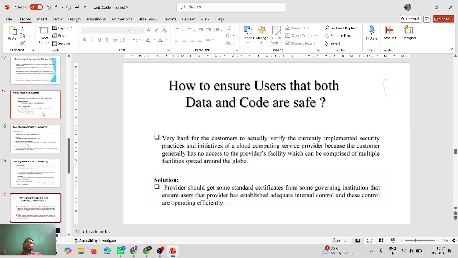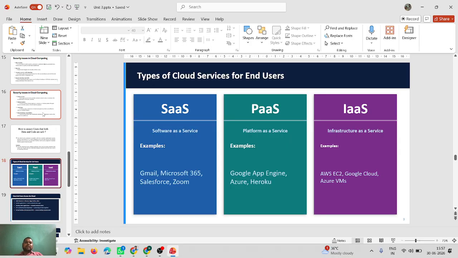If you look at the major market players like Amazon, Microsoft, Google, they got their standard certificates from local as well as international bodies. So you can rely on their methodologies to secure your data, right?